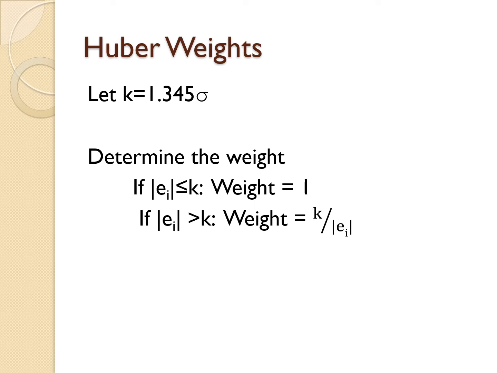So let's say in my weight it's 0.2. Counting 20% of that point is probably better than not counting that point at all. I do have to account for the fact that there's this wild value out there. I don't want that wild value to determine what my line is, but I need to account for it. And the Huber weight does that.